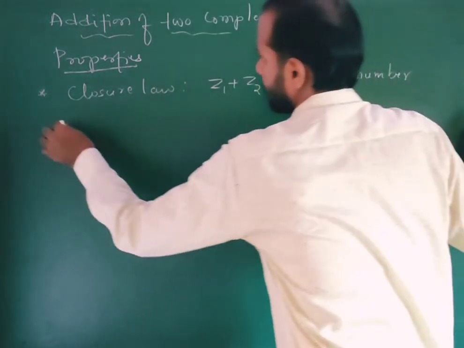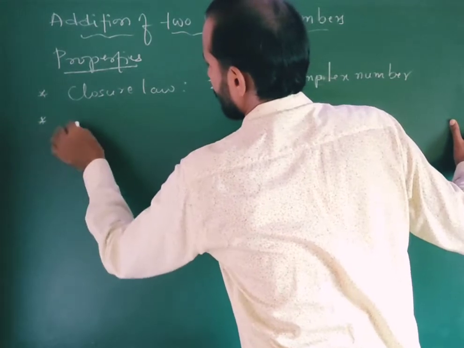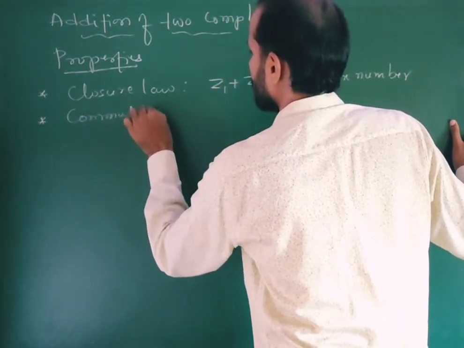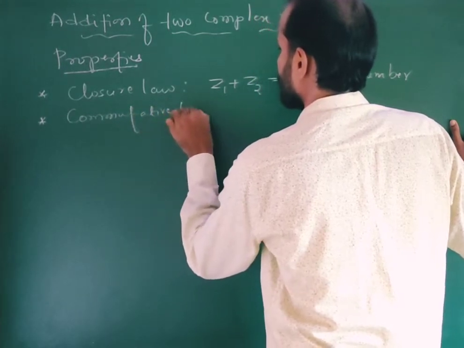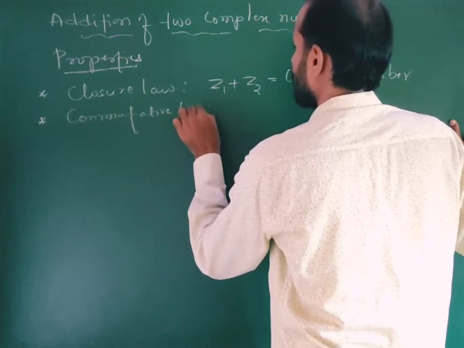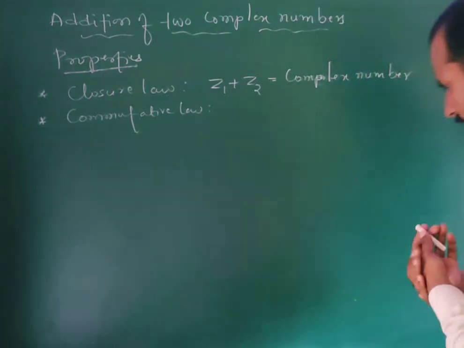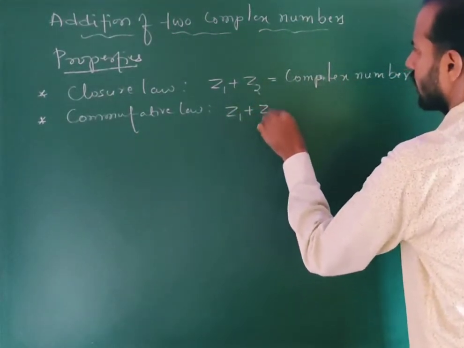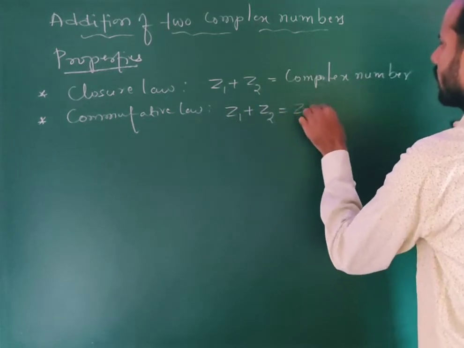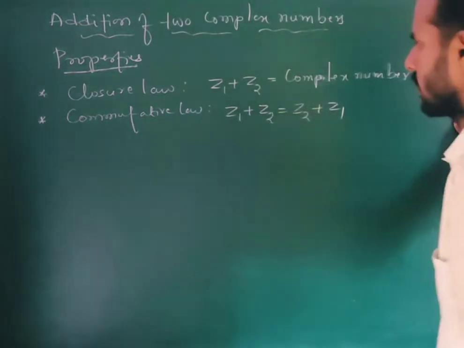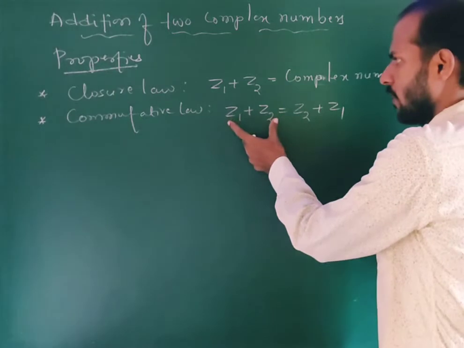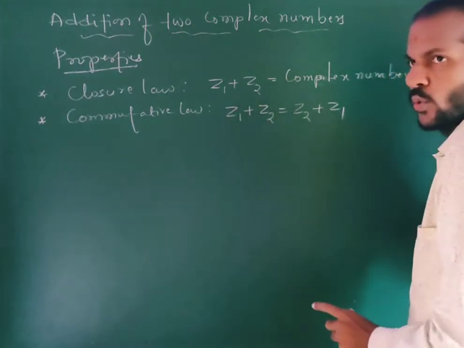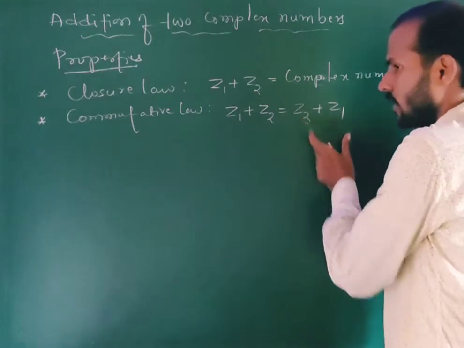Second one is commutative law. Z1 plus Z2, which is equal to Z2 plus Z1. The sum of two complex numbers. In LHS, what do we have? Z1 plus Z2, which is equal to what?